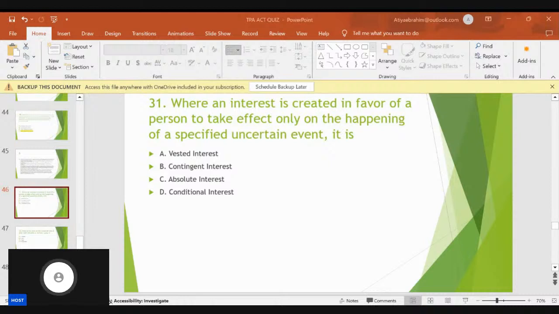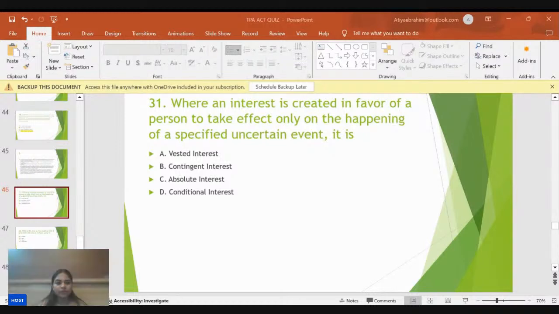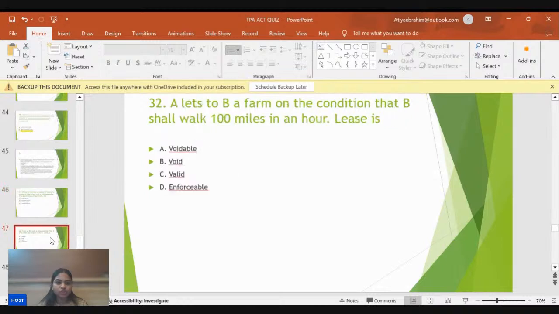Please tell me the answer. Yes, the correct answer is option B, and that is contingent interest. Very good, Priyanka. Right. So if it is created in favor of a person, which is going to take effect only on happening of a specified uncertain event, it is contingent interest. Very good.